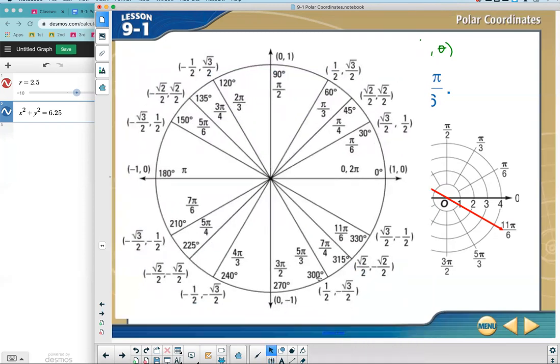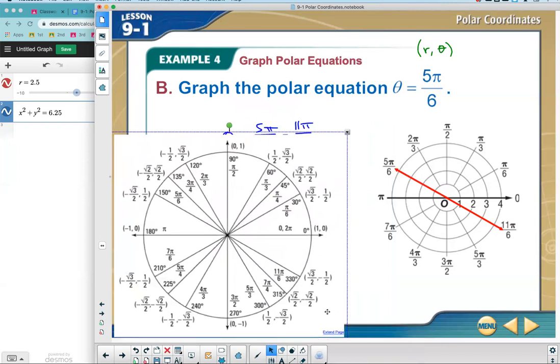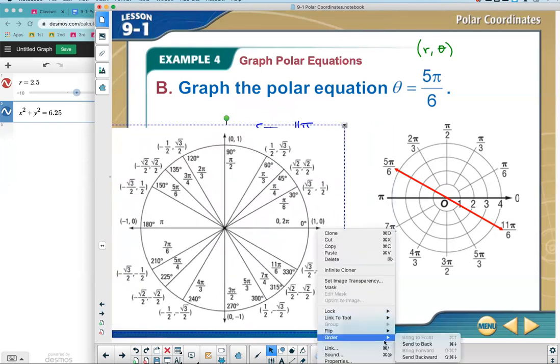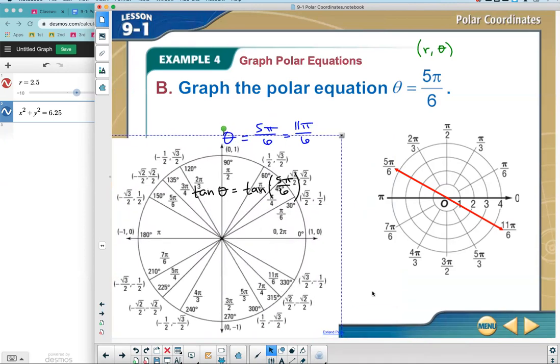Remember, sine is y, cosine's x, tangent is y over x. Okay, if I'm looking at 5 pi over 6, here's my 5 pi over 6. The y is 1, the x is negative square root of 3. Those are the hypotenuse there.